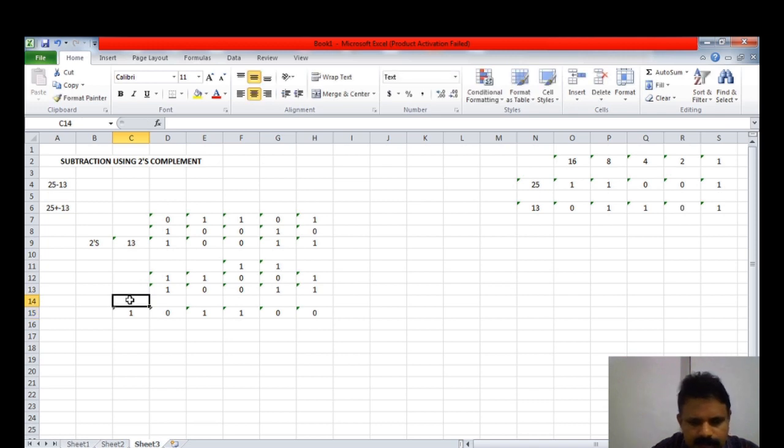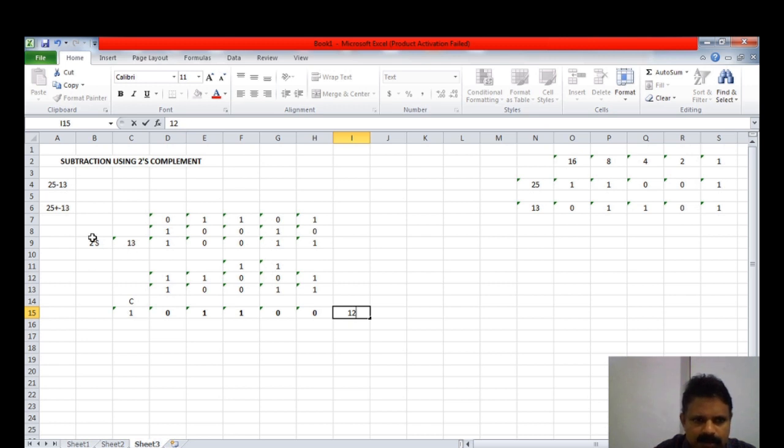This one is the carry. So in two's complement subtraction, if a carry occurs, we will discard the carry. The remaining pattern will represent the result. So here the pattern is 01100. It is 12. Binary of 12. So result is 12. Remember, in two's complement subtraction, if a carry occurs, we will never consider that carry.